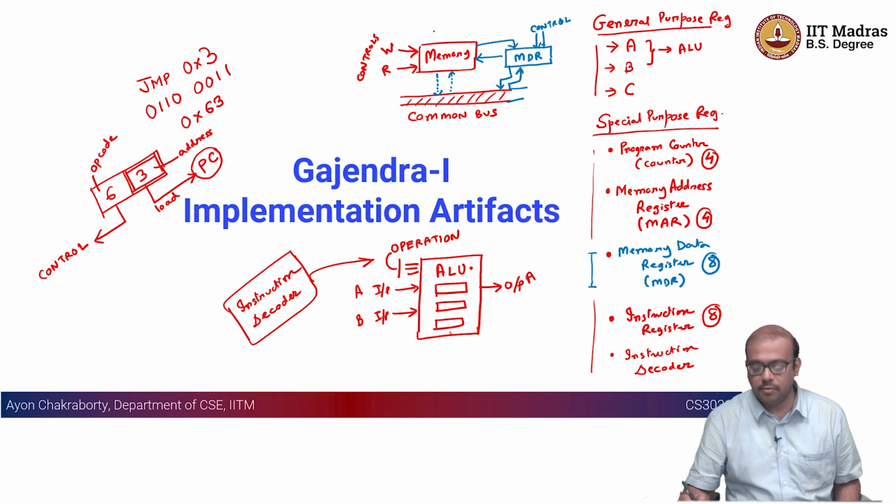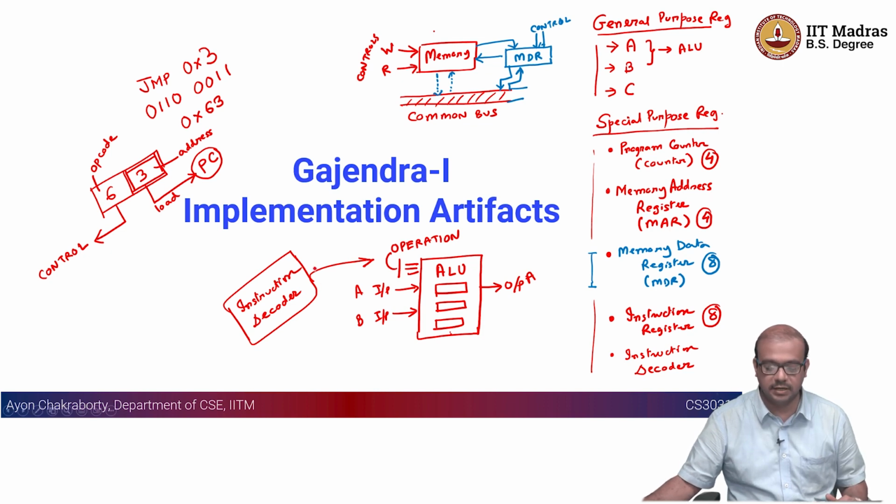Now we are going to look into the implementation details of them one by one, and also see how these are all put together, and we can run a very simple program and see how it is getting executed. So let us go to the implementation first and see what program we are trying to execute.